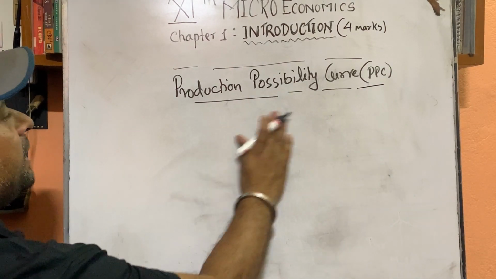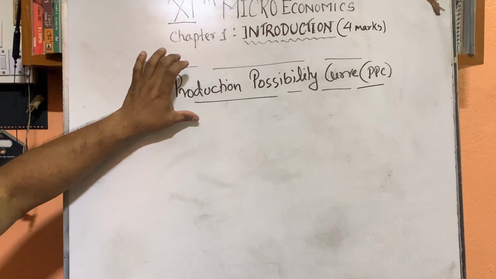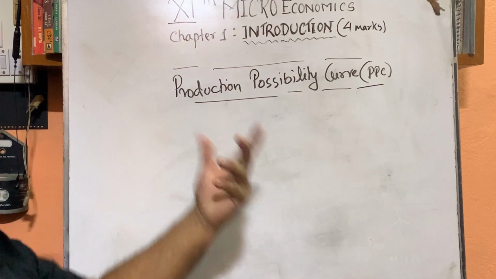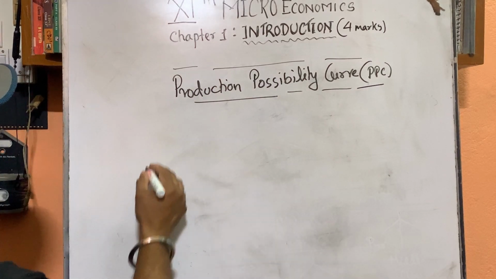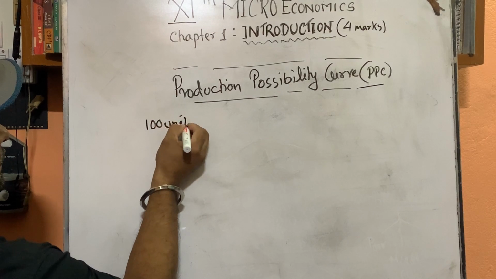Earlier we had learned our resources are very much limited. By limited resources we can produce various types of commodities. Suppose we have 100 units of resources.